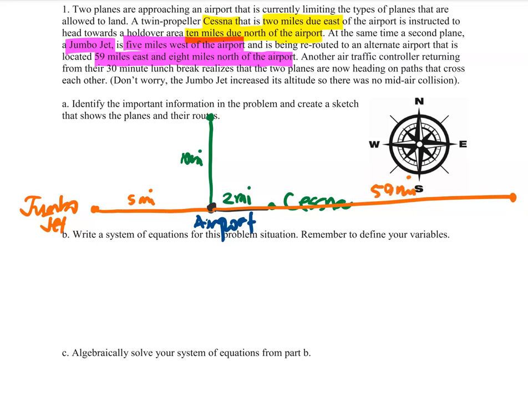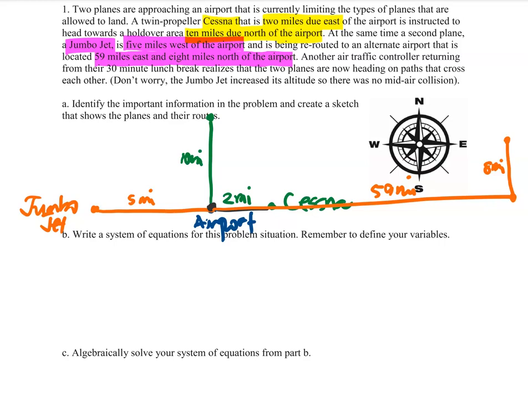And 59 miles east and 8 miles north of the airport. So this is 8 miles.